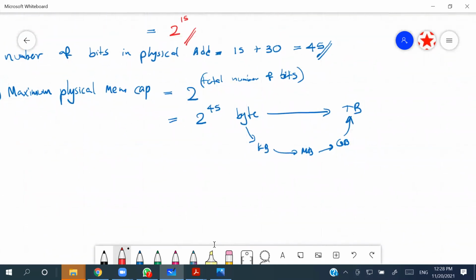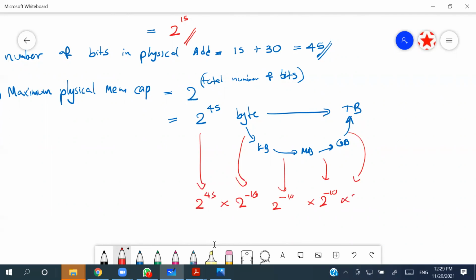So this is 2 to the power 45 multiplied by 2 to the power minus 10, and 2 to the power minus 10 again, as well as this one. So it gives you 2 to the power 5 terabytes. That means 32 terabytes.